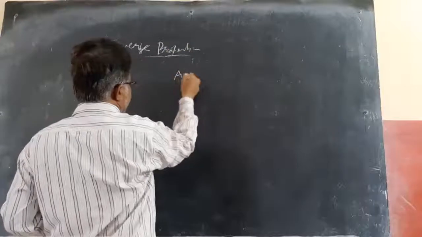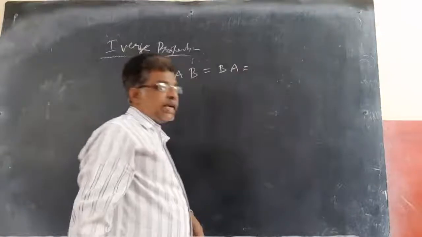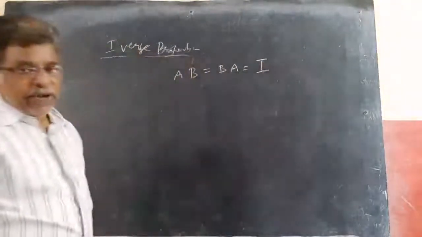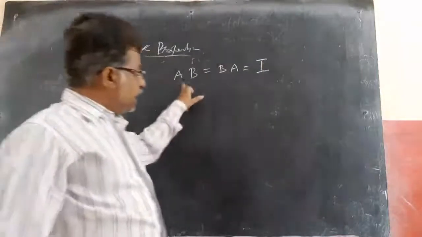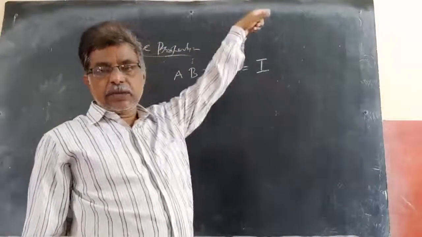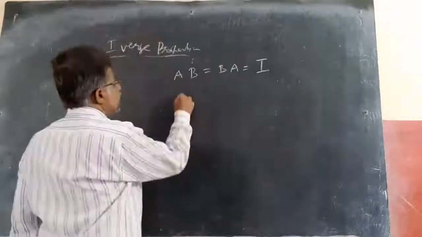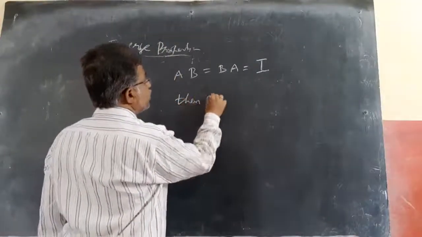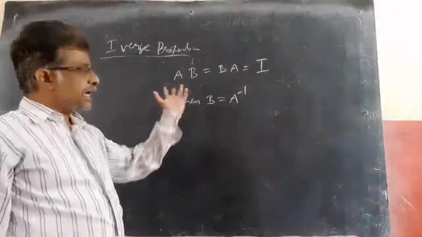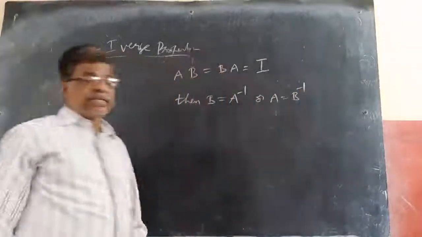Here also it is the same. Inverse property means: if A and B are two matrices such that AB equals BA equals the multiplicative identity I, like the additive identity 0 we got from A minus A, then we can say that B is called A inverse, or A is called B inverse.